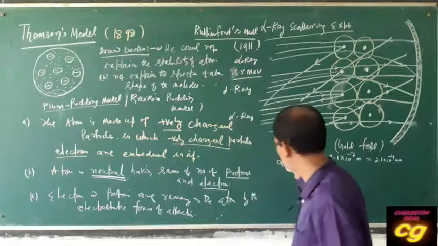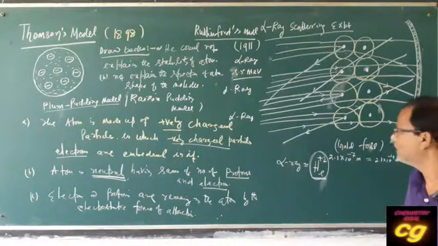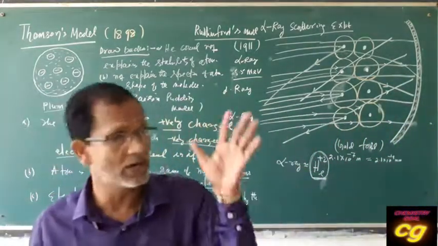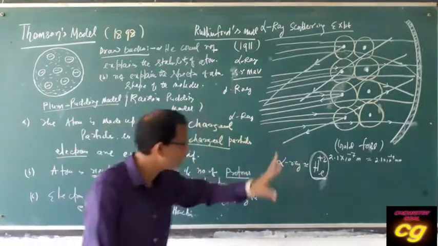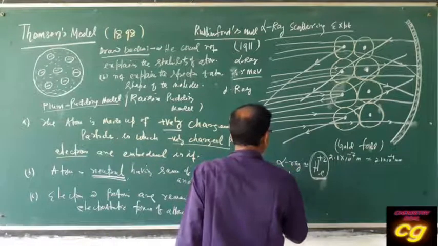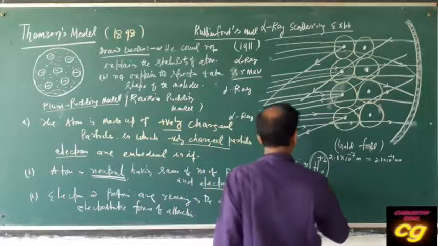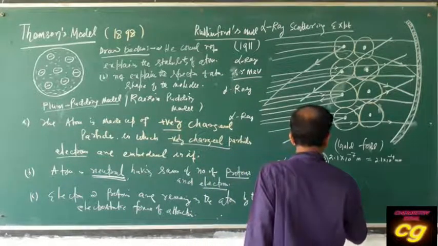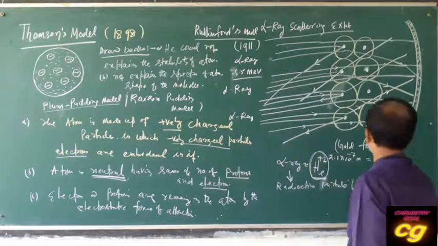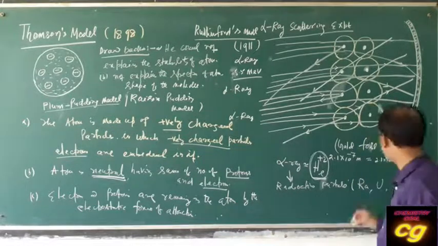Alpha particles carry positive charge, and they are heavier than electrons, protons and neutrons, and they are produced from a radioactive substance, such as radium, uranium, neptunium.